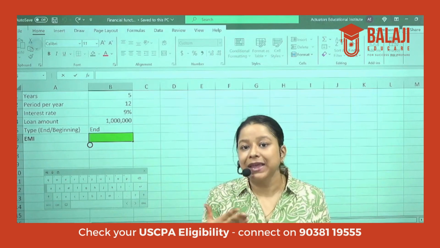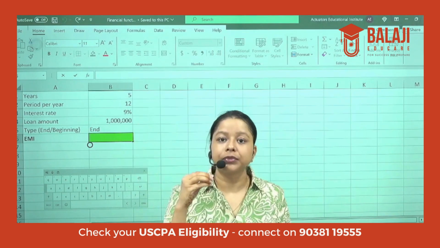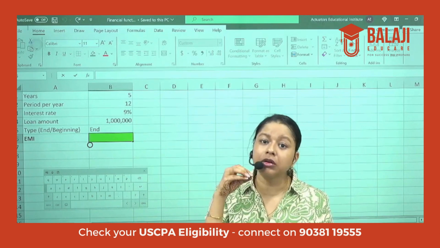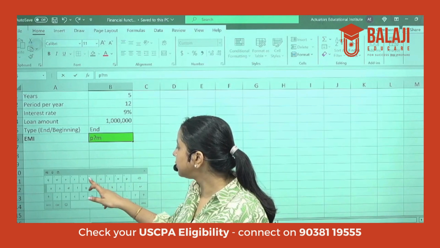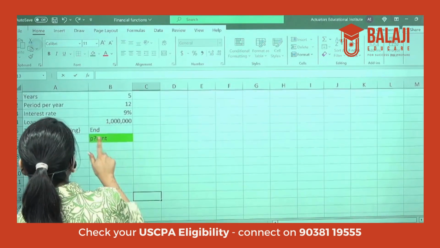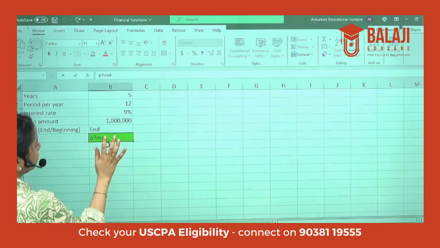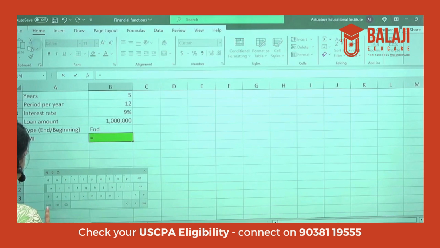I am paying this installment at the end of the month. You can also consider it to be at the beginning of the month. So let's start by typing in the function.